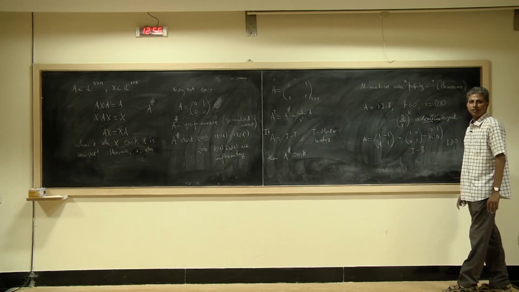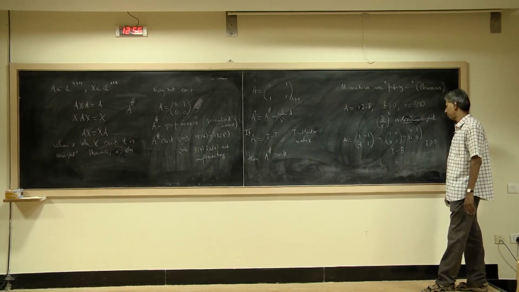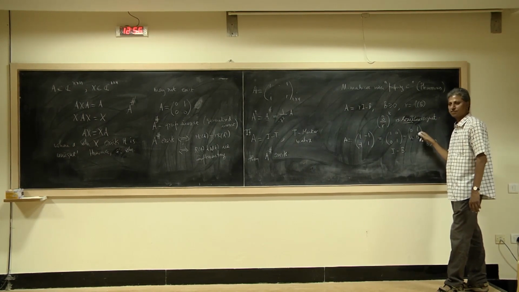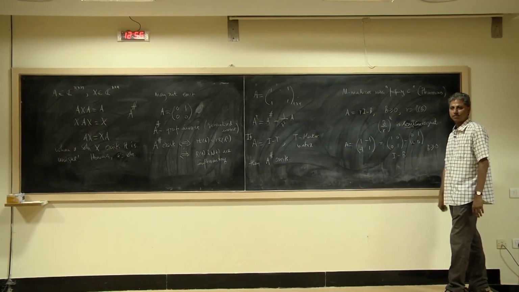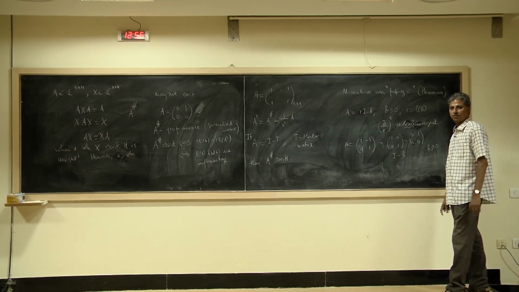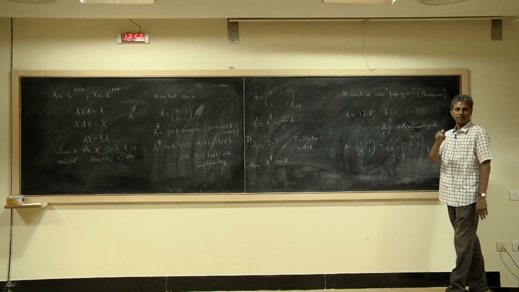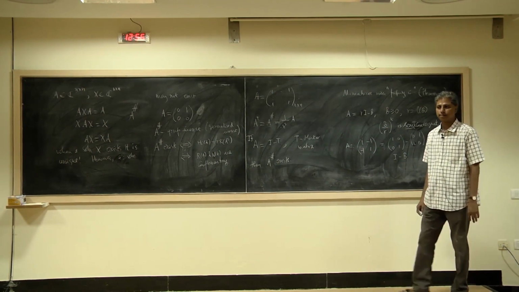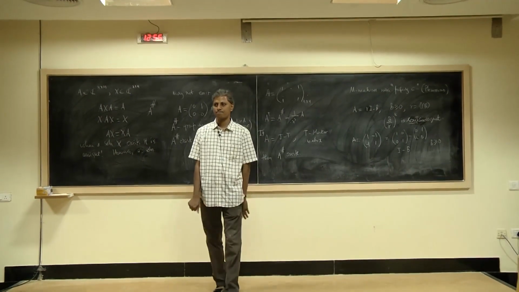I need to verify that B by 1 is semi-convergent. So how will you do that in this case? See, this is a symmetric matrix, so you can apply the spectral theorem. Write this B as U D U transpose, where D is a diagonal matrix with minus 1 and 1. Okay, so this will not work.